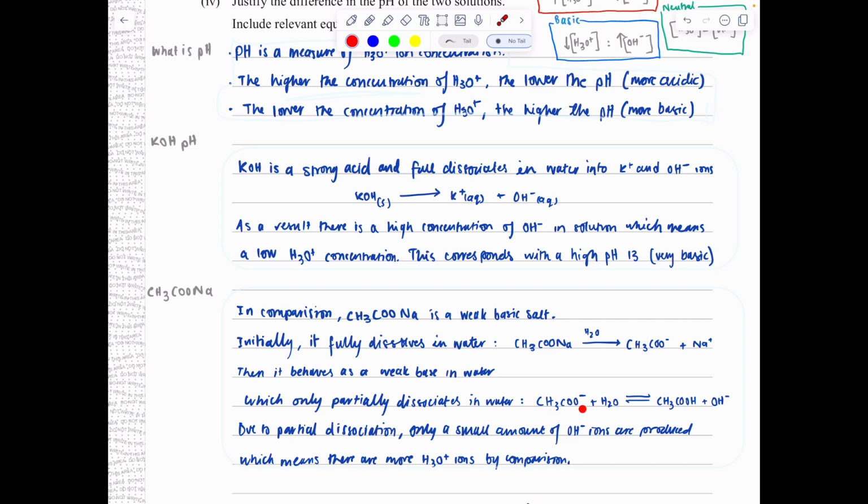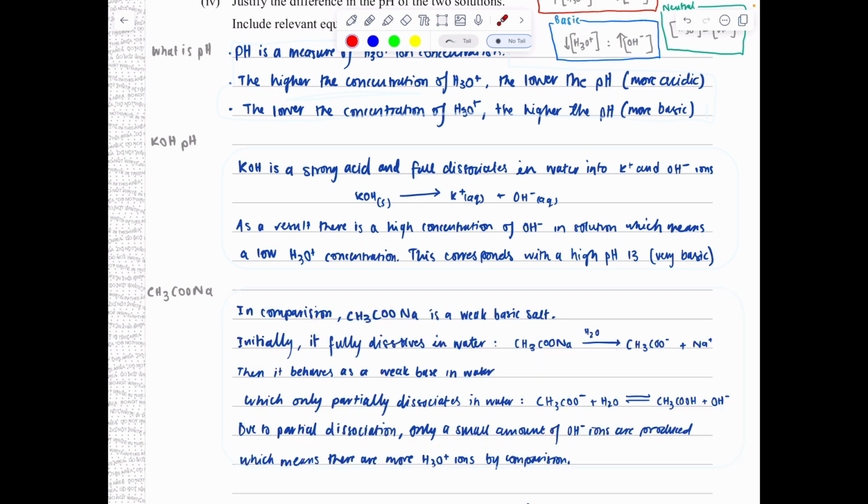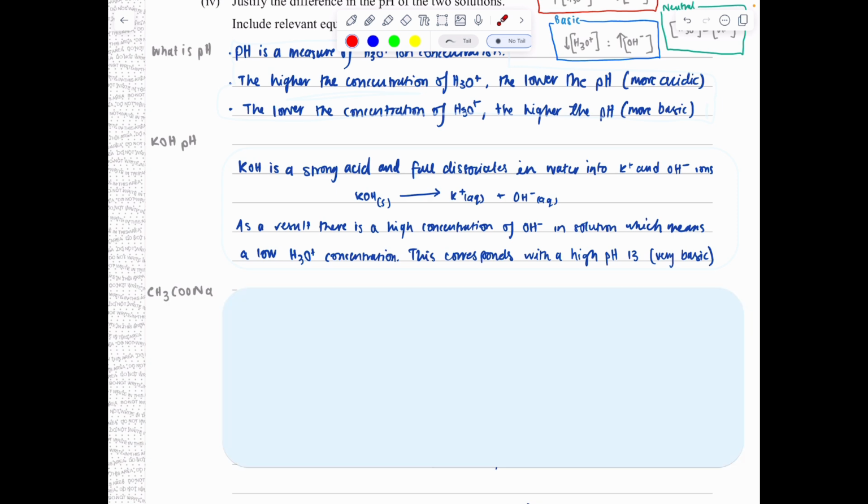And because this is basic, it's going to accept that and turn into its conjugate acid. As a result of H2O donating its hydrogen, it's going to turn into OH minus, which shows that this is going to form a basic solution.